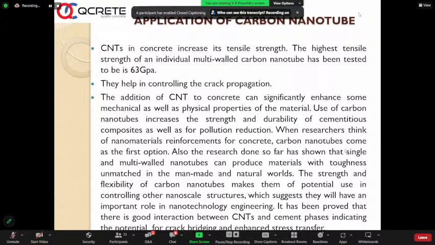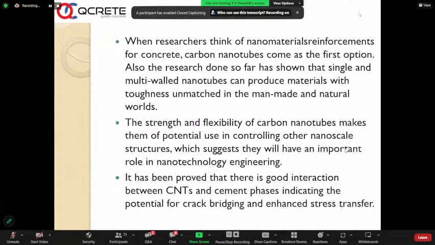It has been proved that there is a good interaction between CNTs and cement phases, indicating potential for crack bridging and enhanced stress transfer. So the strength and flexibility of carbon nanotubes make them potentially useful for controlling other nanoscale structures, which suggests they will have an important role in nanotechnology engineering.